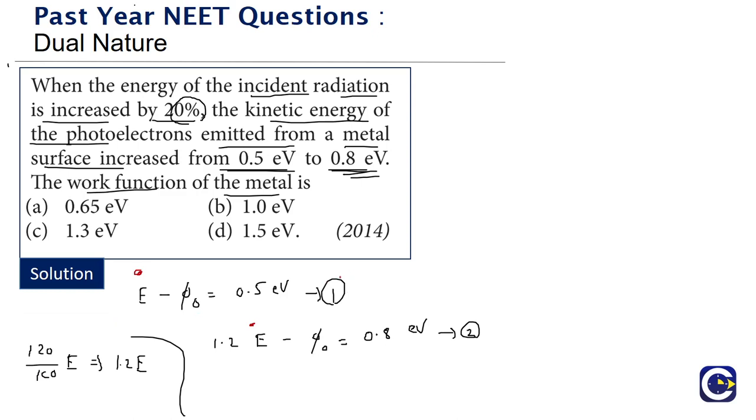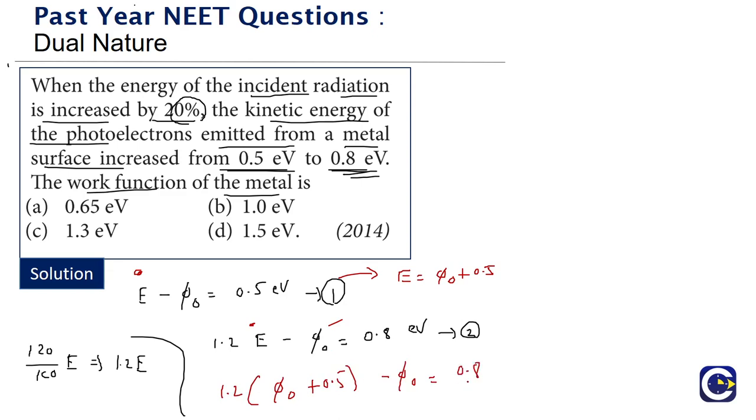Look at the first equation: E is equal to work function plus 0.5 electron volt. We will substitute this in the second equation. So 1.2 times, in place of E we substitute work function plus 0.5, minus work function is equal to 0.8.